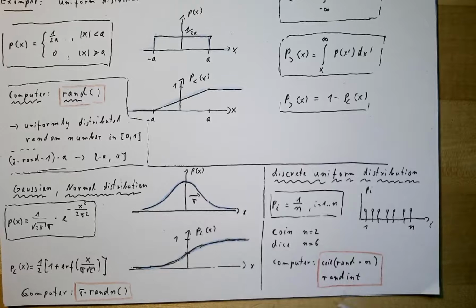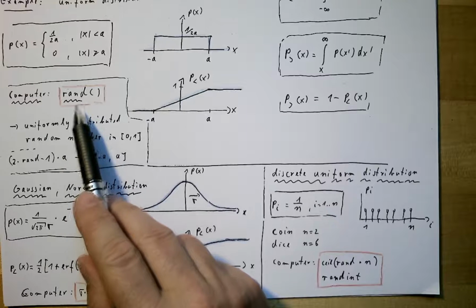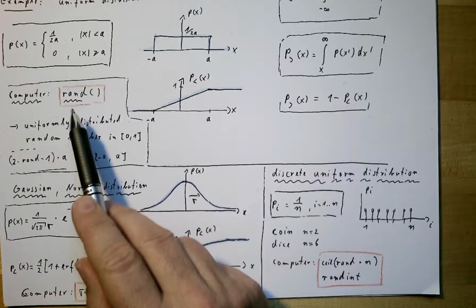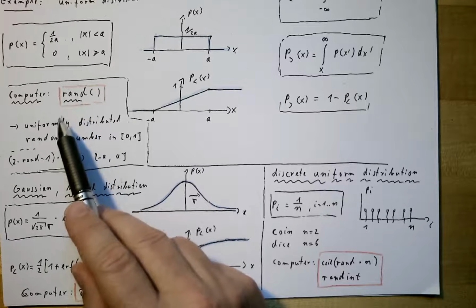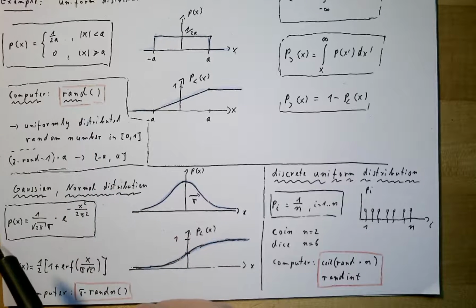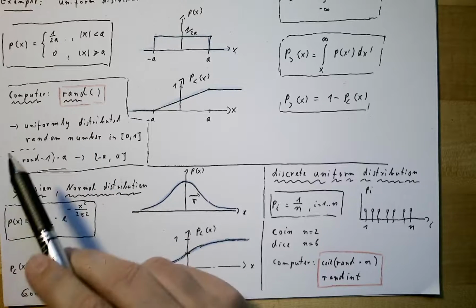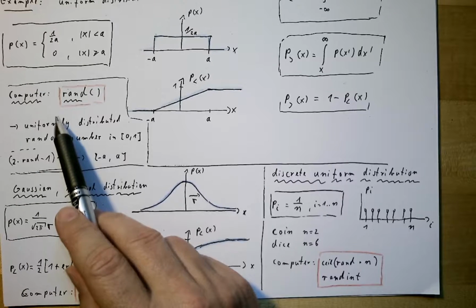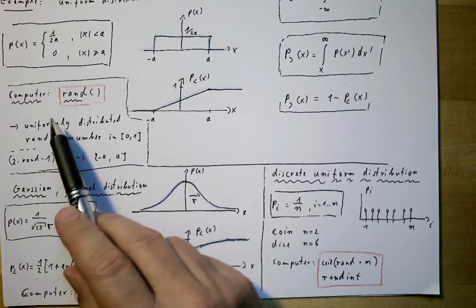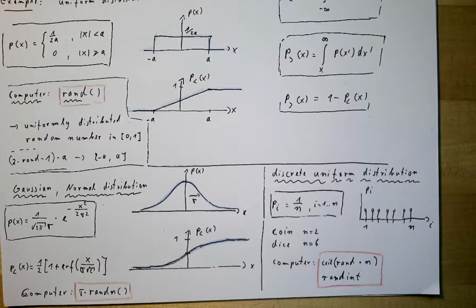So the generation of random numbers in the computer is really an art, to have a good library. In earlier times you had to be very careful that what you calculate in the computer is really a random number which makes sense, that it's random enough for simulations.